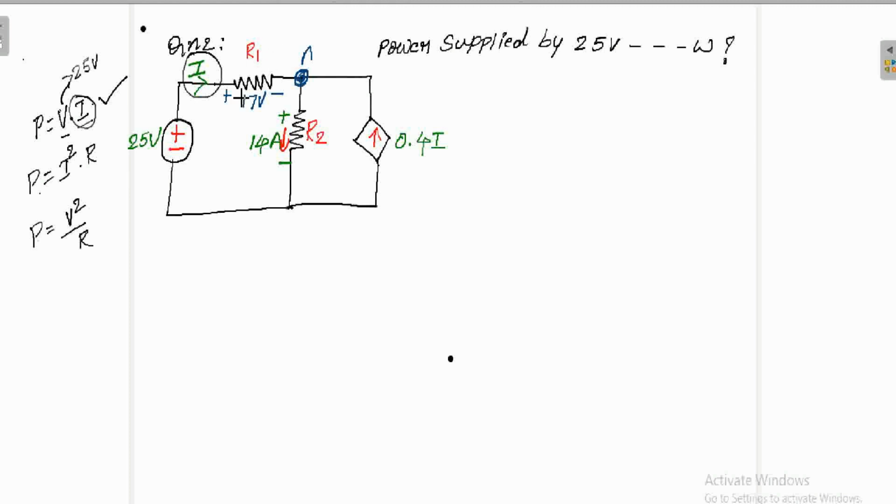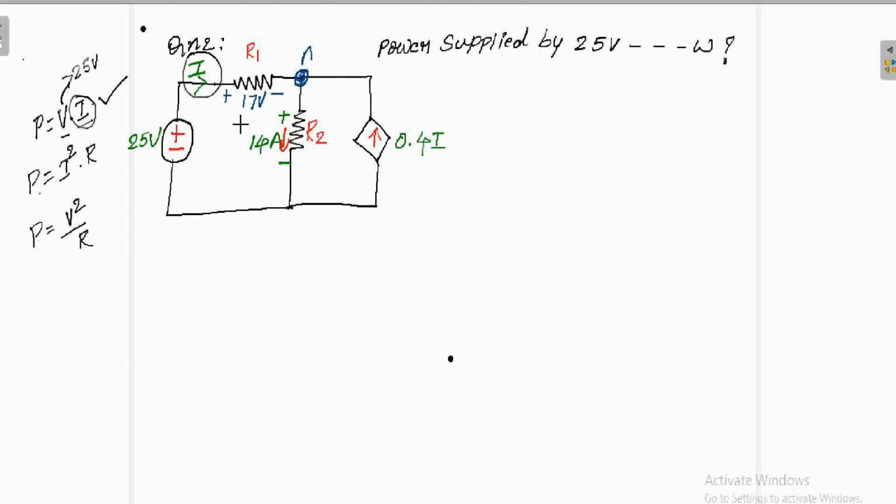In this circuit we have some dependent sources, a dependent current source, and some unnecessary voltage drops they have given to create confusion in students. In the examination they will give you some unnecessary information.